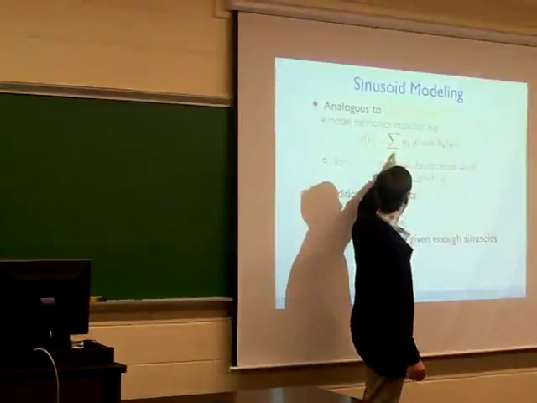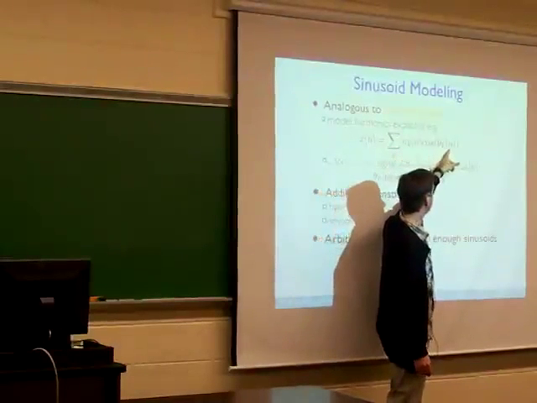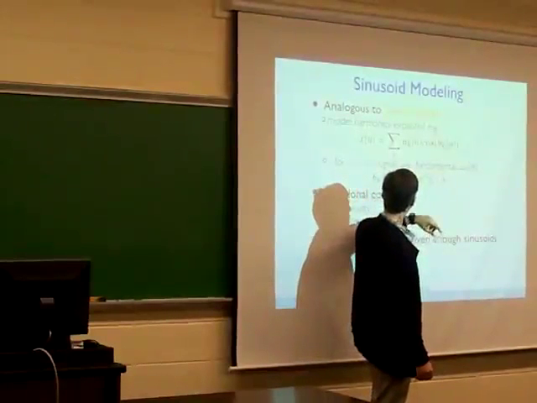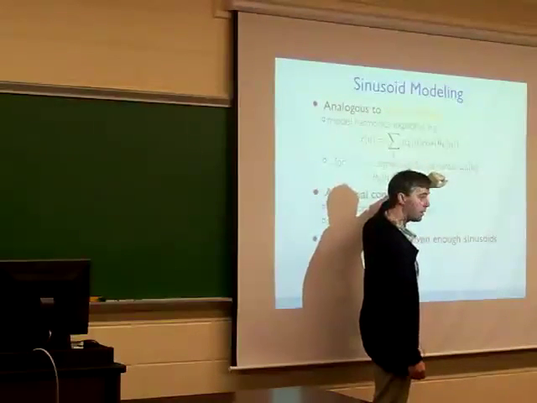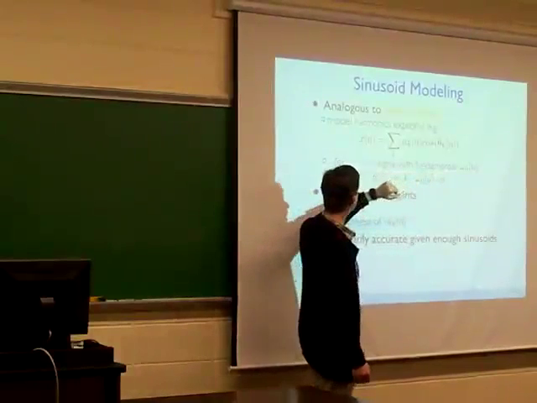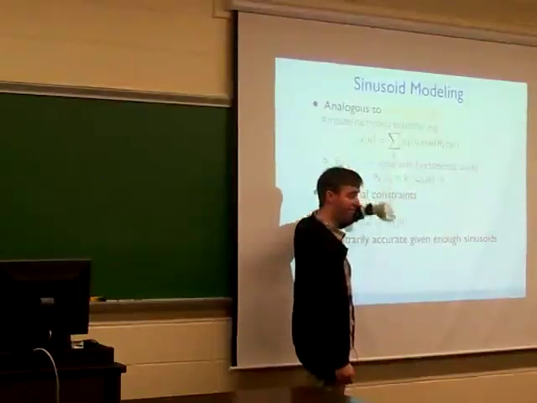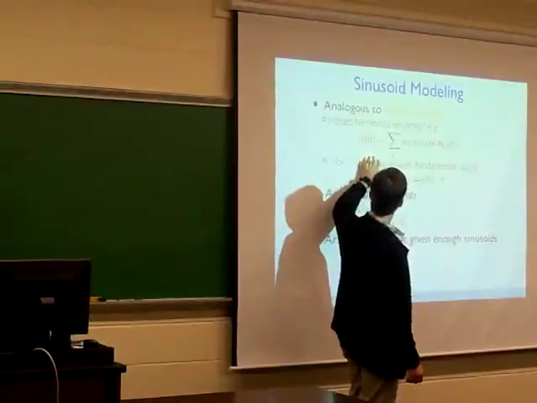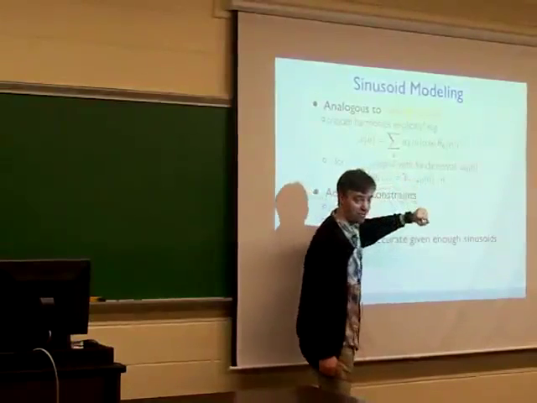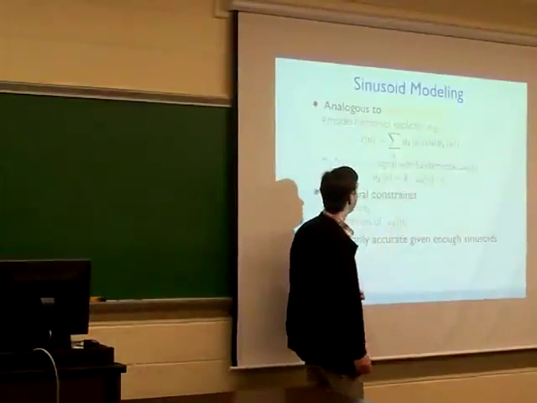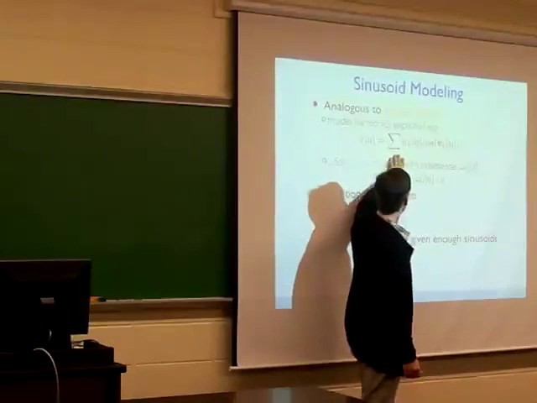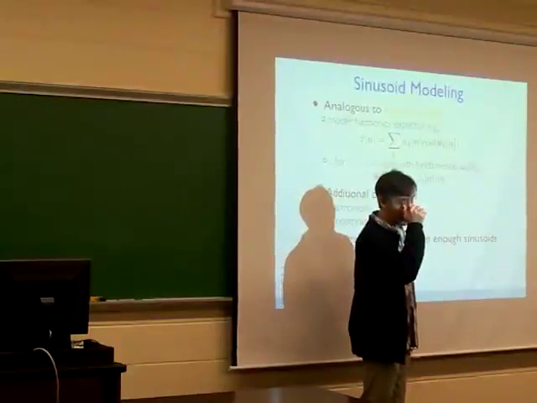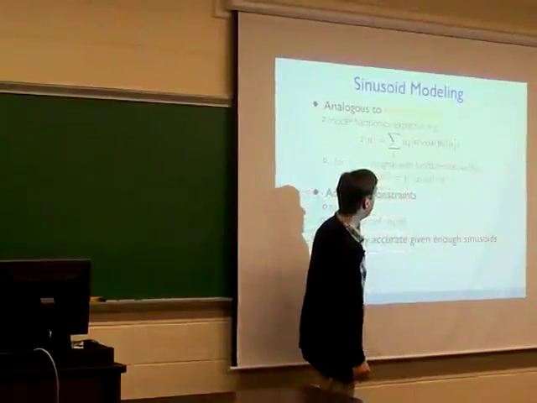We have a set of k sinusoids. Each of them has a phase function which varies with time, and an amplitude function which varies with time. So n would be the time index, like normal DFT. Now, if we're trying to represent a single time function, x of n, here we're representing it with k pairs of functions, alpha k and theta k.